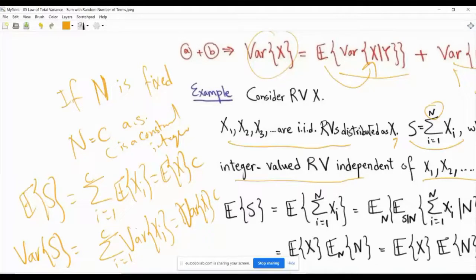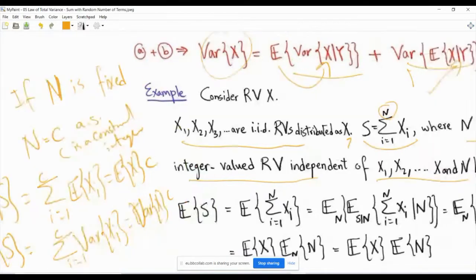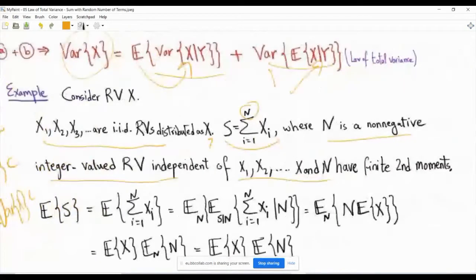If you are talking about the variance, since they are independent, they are uncorrelated, so the variance of a sum is the sum of variances. They are identically distributed, so take the variance of one, multiply by the number of terms, so it is the variance of x multiplied by c. This is if N is equal to a constant almost surely. But the problem tells you that N is a general non-negative random variable.